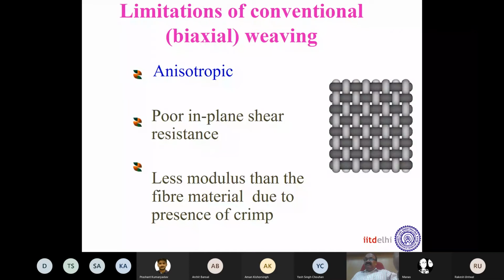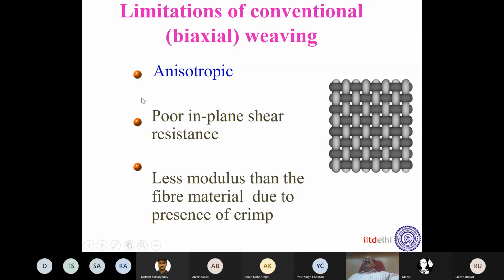The first question is, what was wrong with our conventional biaxial weaving? This fabric is a biaxial fabric. We have warp yarn and weft yarn. They are orthogonally placed, meaning at right angle, 90 degrees to each other, warp and weft, which we call biaxial fabric. So all our conventional fabric is a biaxial fabric. Then the question arises, why are we interested in producing multi-axial fabric?